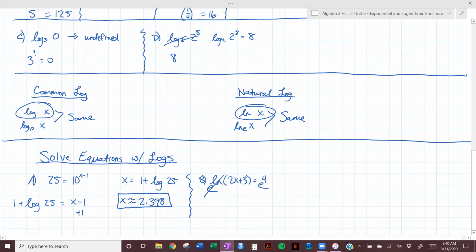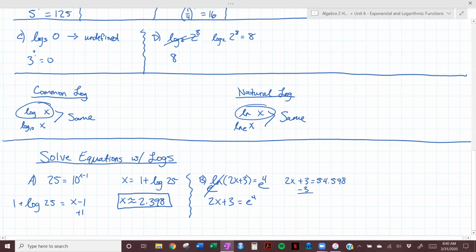The natural log and e cancel. 2x plus 3 equals e to the 4th, which is roughly 54.598.